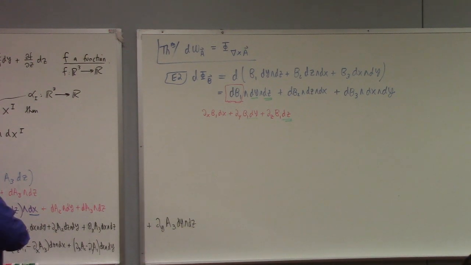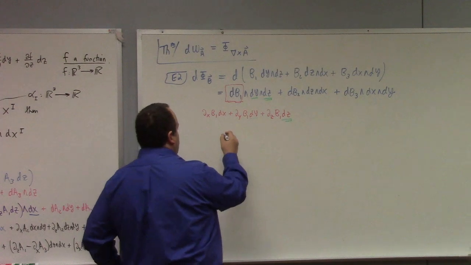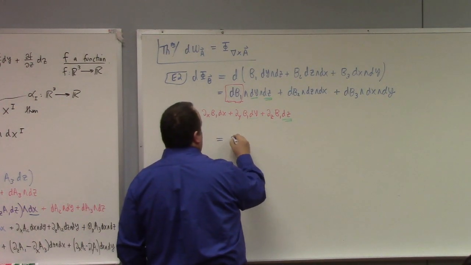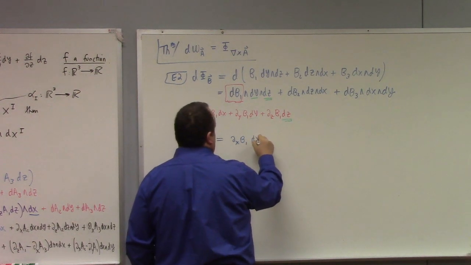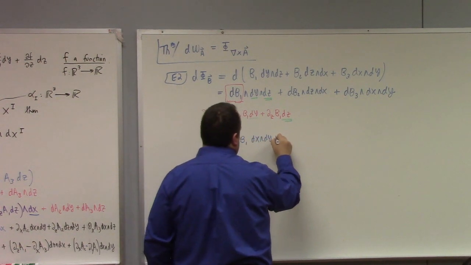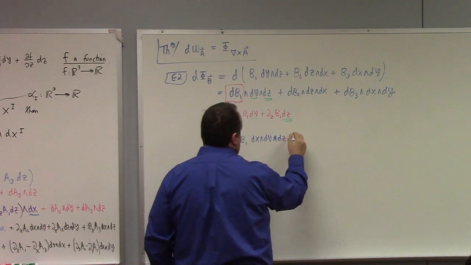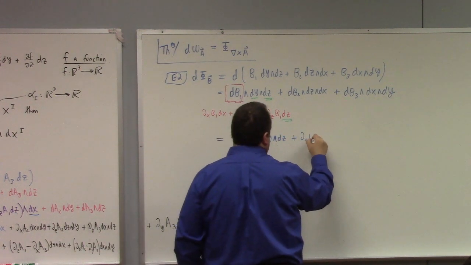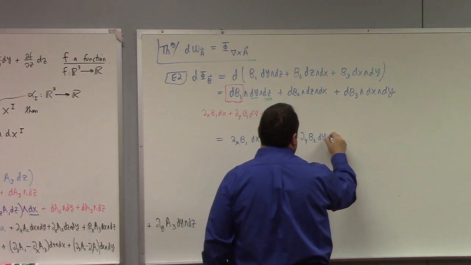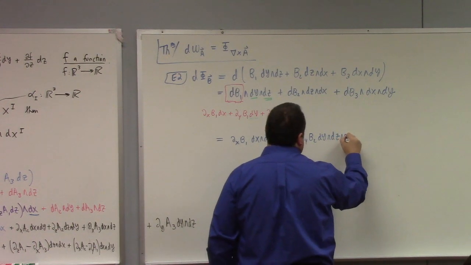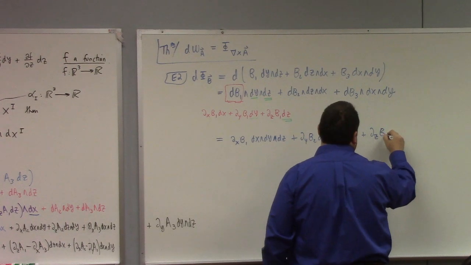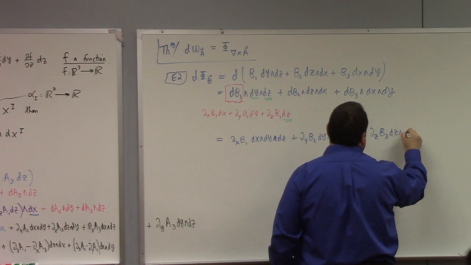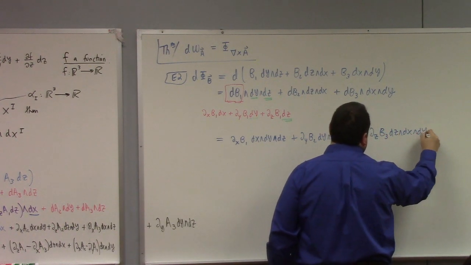So in short, what this gives us is partial x B1 dx wedge dy wedge dz plus partial y B2 dy wedge dz wedge dx plus partial z B3 dz wedge dx wedge dy.